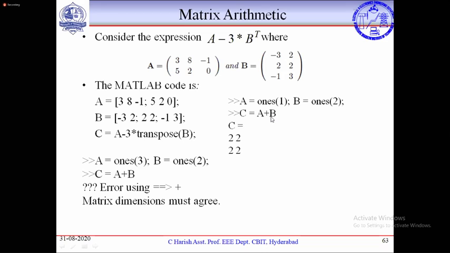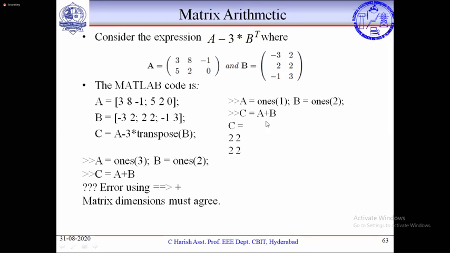Whereas multiplication and division with a scalar is also possible. When it is a scalar with a matrix, you can do all the things. But when it is a vector or array with another matrix, dot arithmetic is required. But when it is a scalar value, you can do anything. So when you are doing this, you should be careful.